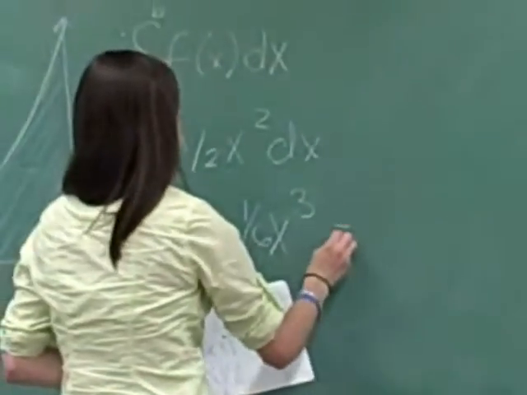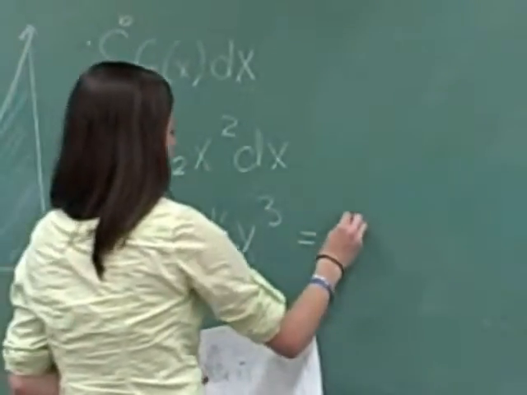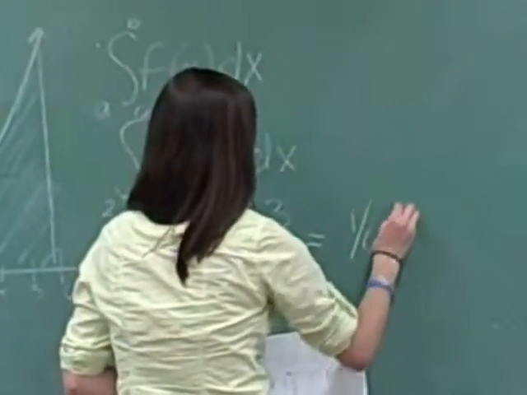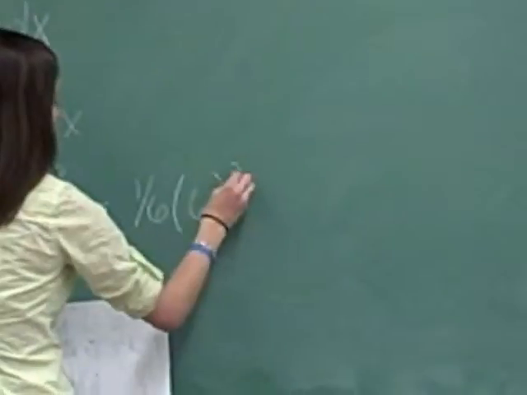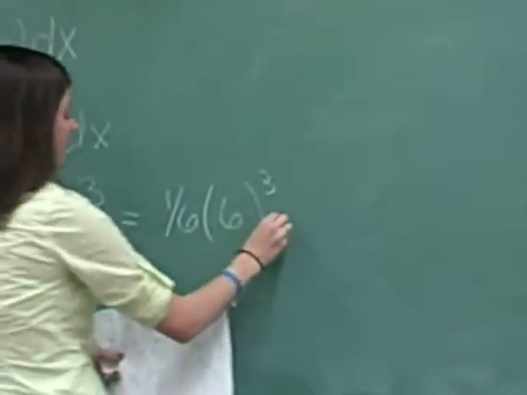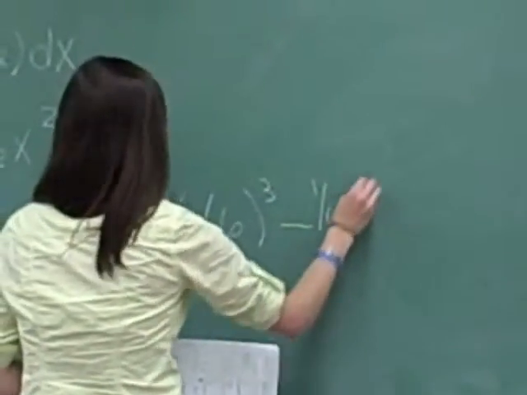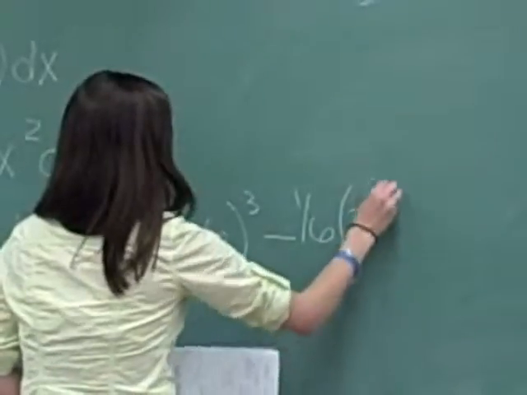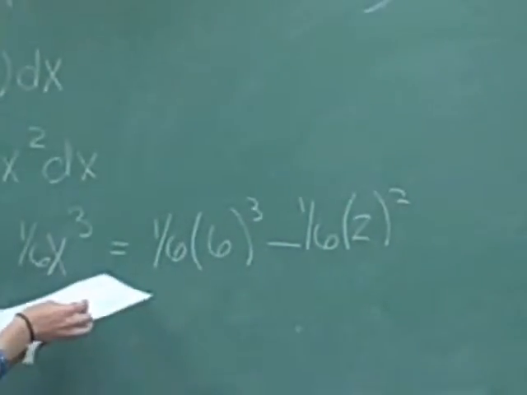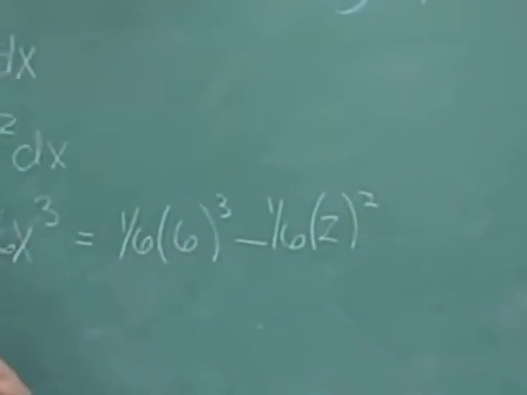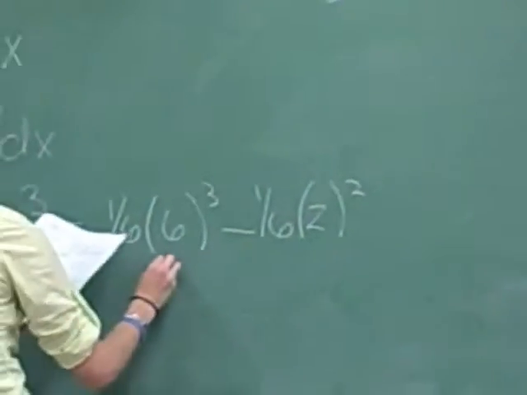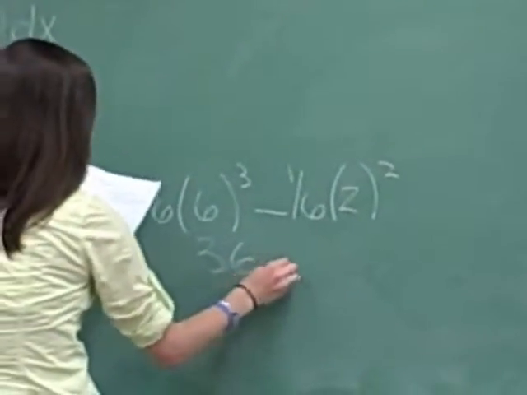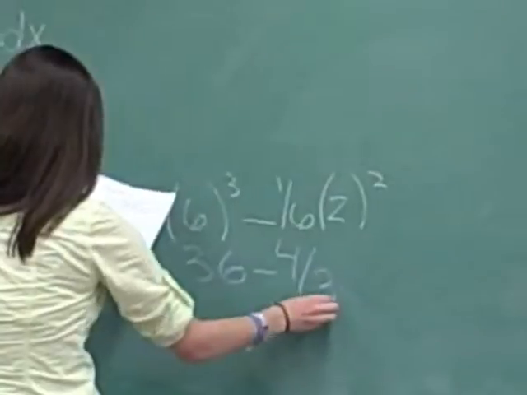When solving our integral, though, we need to plug in our bounds. So here, we're going to plug in 6, our upper bound, and subtract our lower bound from it. When we work all of this out, we end up having 36 minus 4/3.